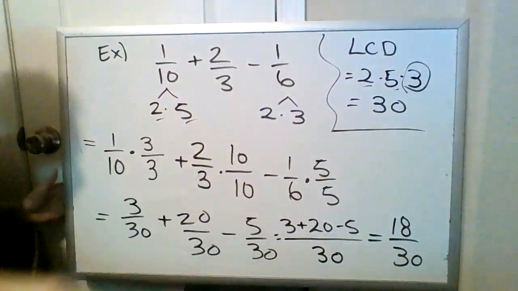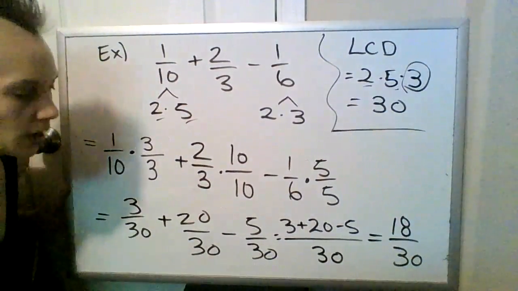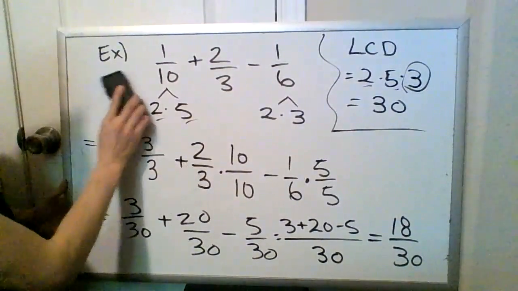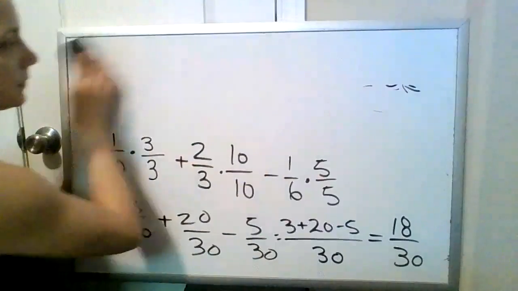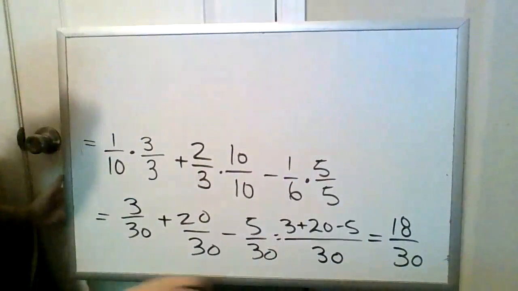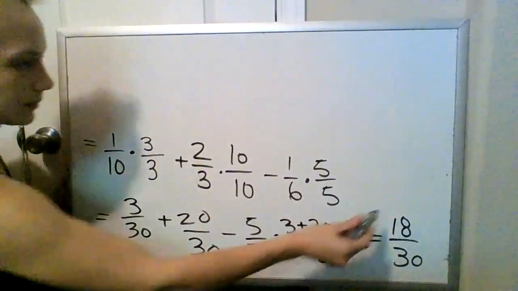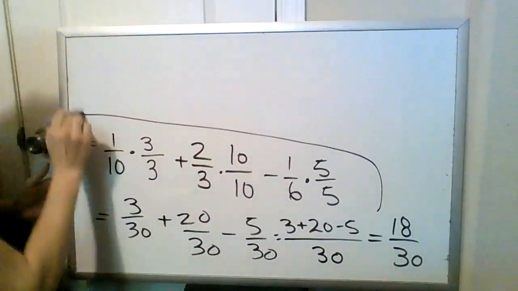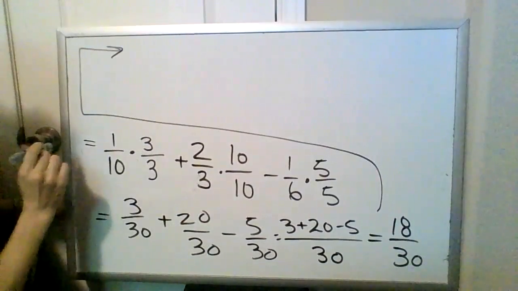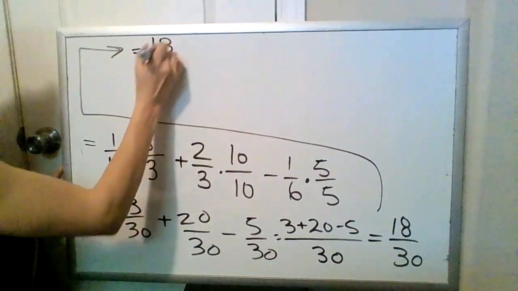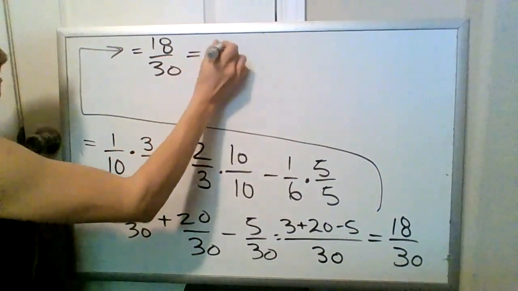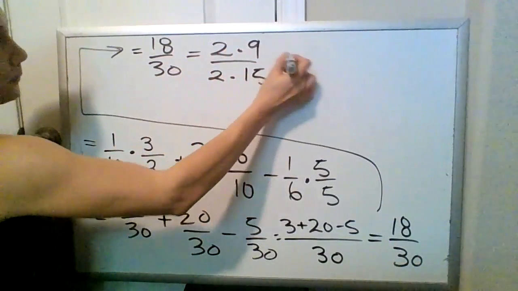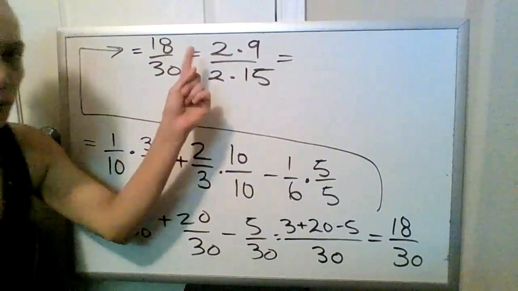And no, those are both even numbers, so they have a common factor of 2. So we've talked about 2 over 2.